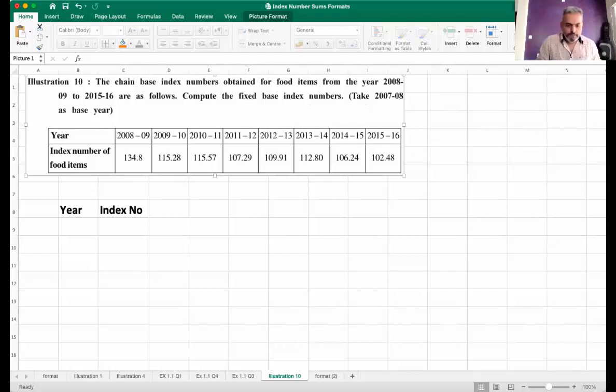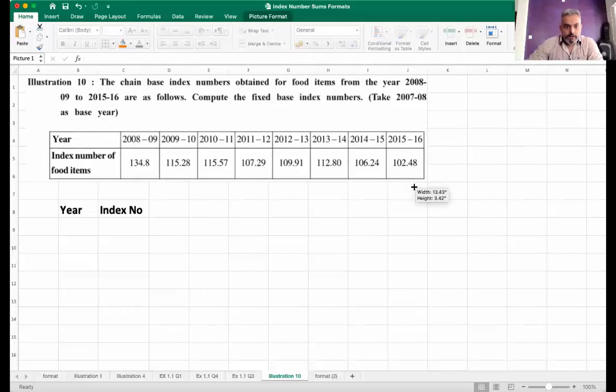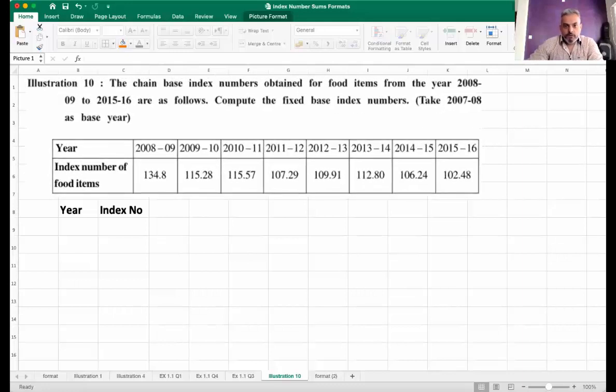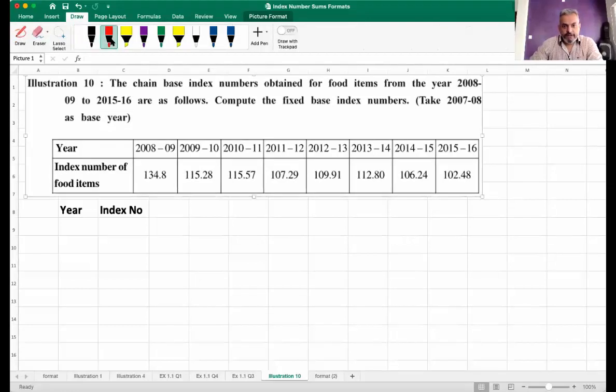Now the chain based index number obtained for food items for the year 2008-9 to 2015-16, the chain based index numbers for 2008-9 to 2015-16 are as follows. Compute, we have to find out FBI.